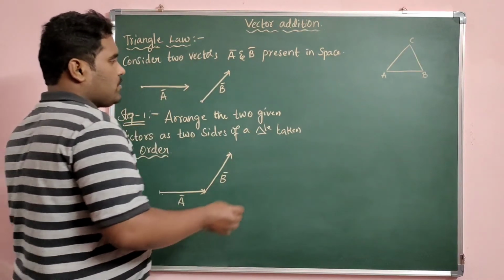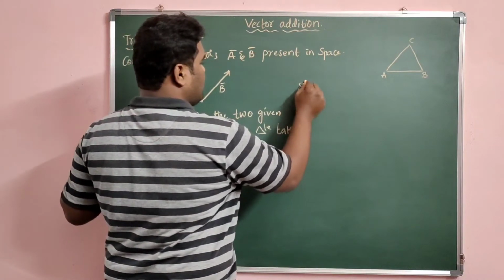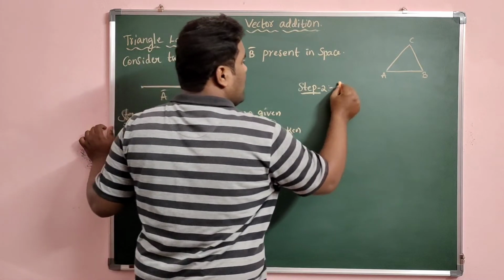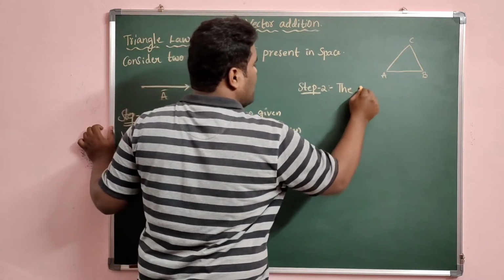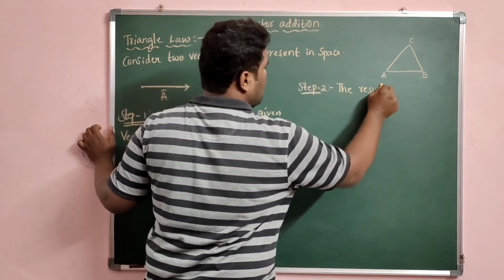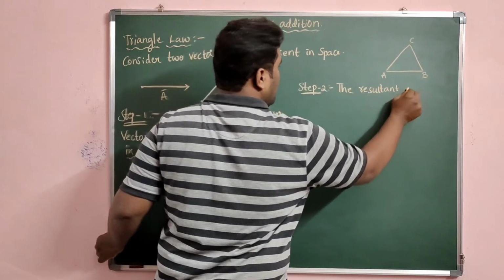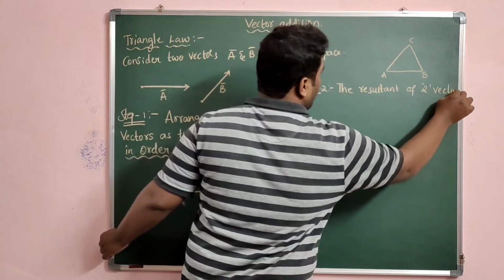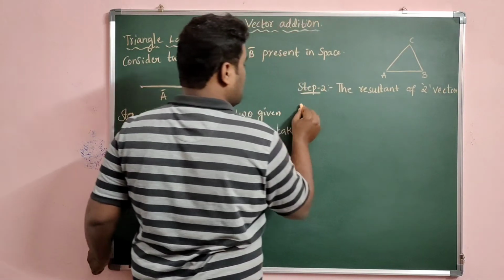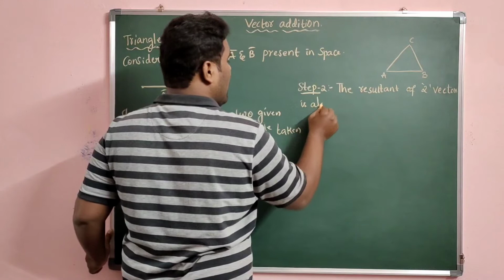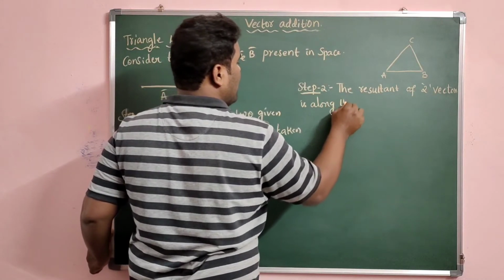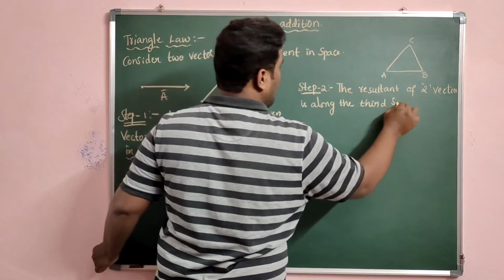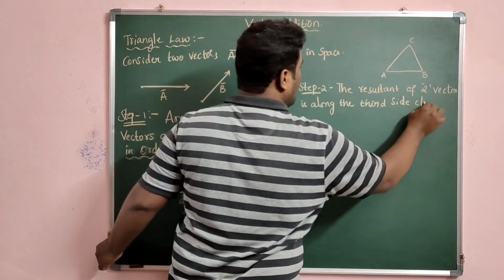Step 2 in triangle law. The resultant of two vectors is along the third side, closing the triangle.